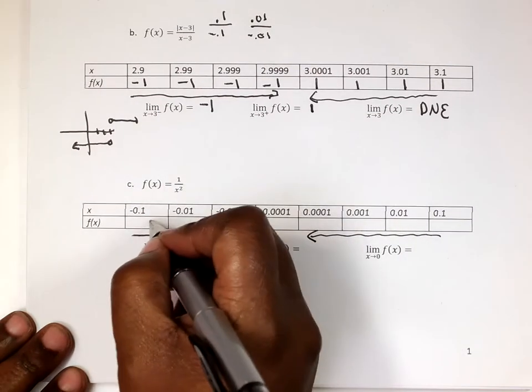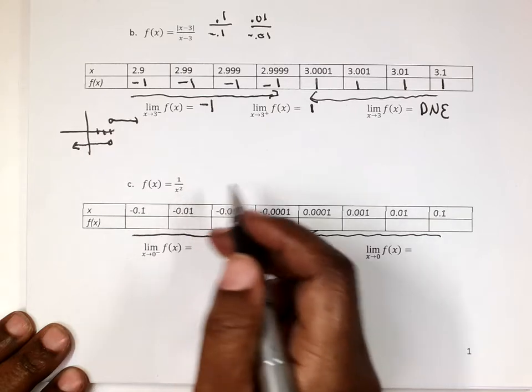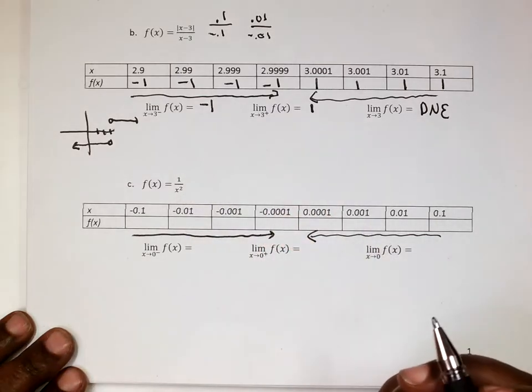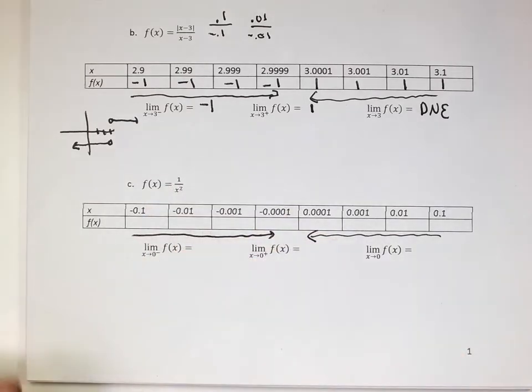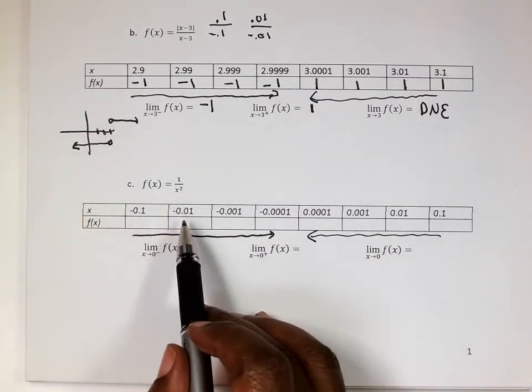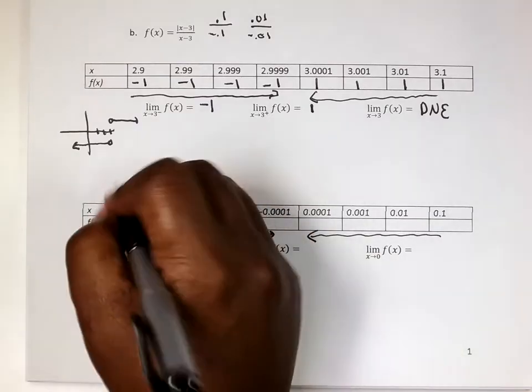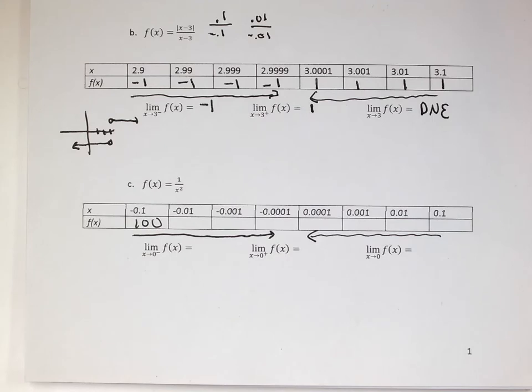So when you plug in negative 0.1, you get 1 over negative 0.1 squared. Sorry, I forgot to do these all out. So that's 1 over 0.01. And then if you divide that out, 1 divided by 0.01, you get 100.